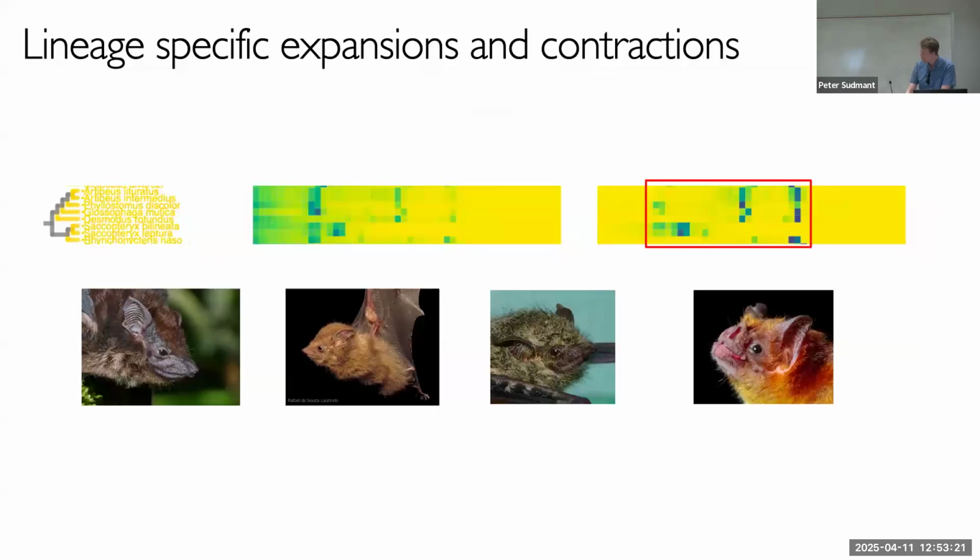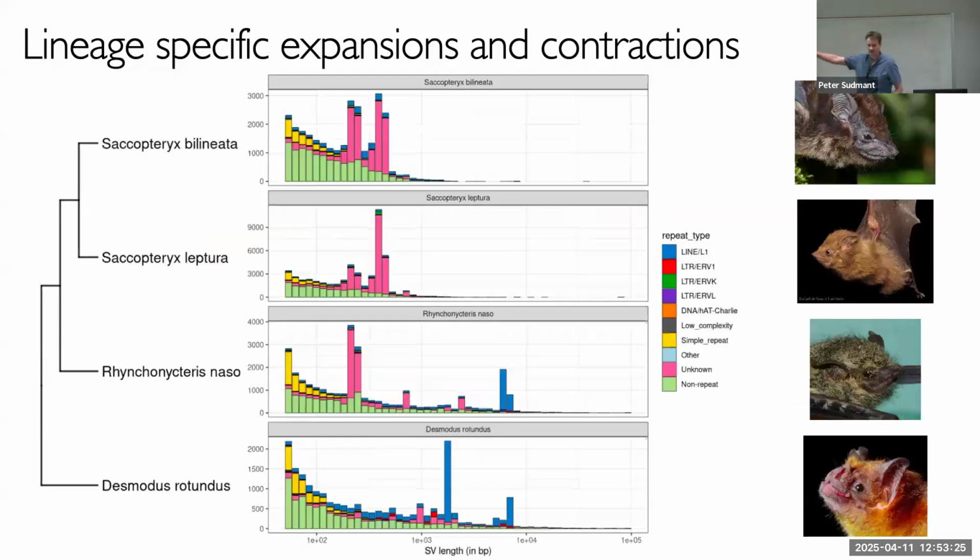This plot is the same as these plots, just in a heat map form. Here's size and count on the y-axis. In the ancestor, there was this massive activity of line 1s that is still ongoing.